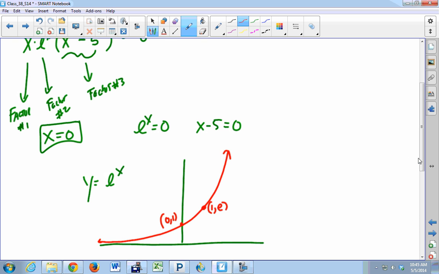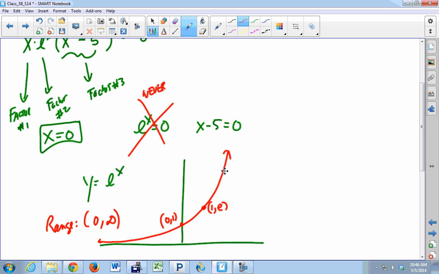When will the output of this function be 0? Never. It never hits. Because remember, your x-axis is the horizontal asymptote. So never ever can this be 0, because we know our range for an exponential function is 0 to infinity, not including 0. There's no value of x you can put in there that will give you 0.